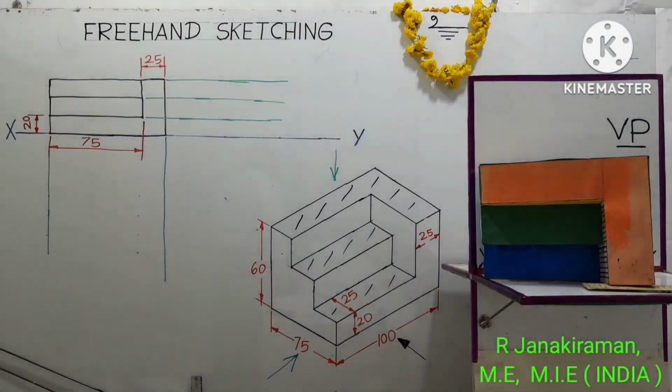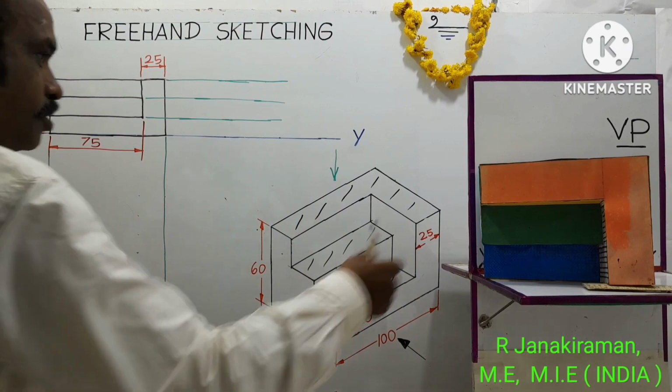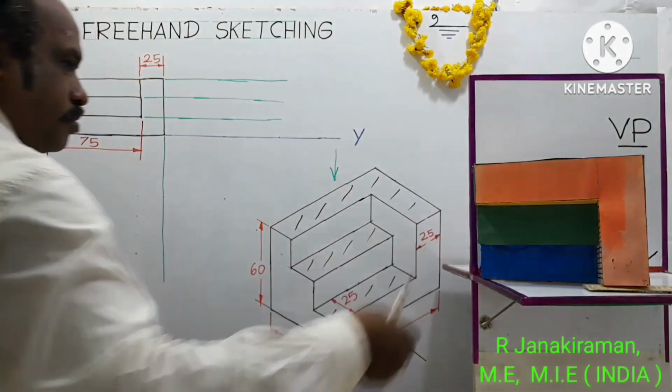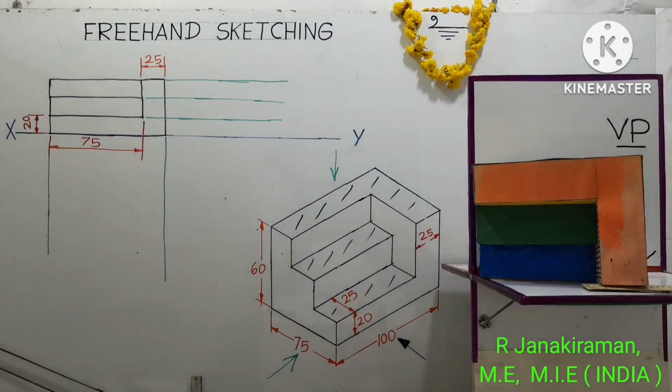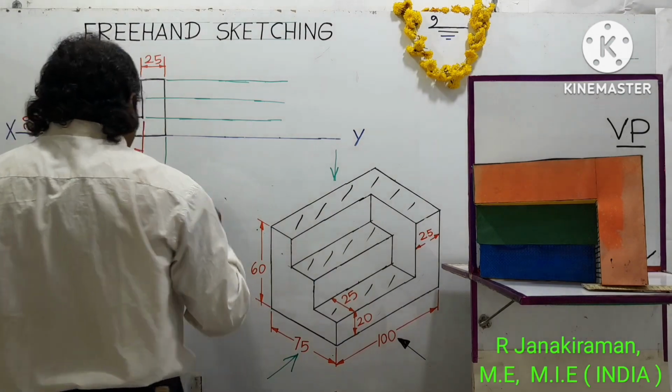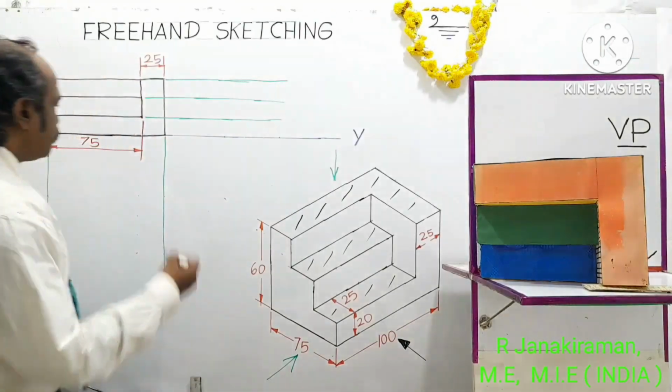This is called the top view or plan. So it is projected from the previous drawn front view using 2H pencil.